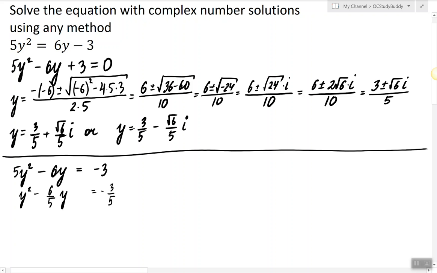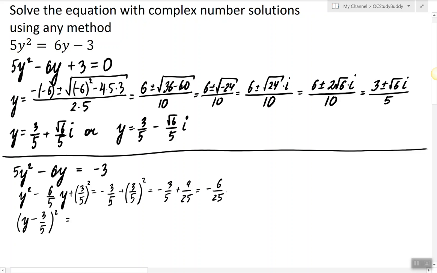And to complete the square, I have to add half of 6/5 squared, and I'm going to add it to both sides because we're solving the equation here. Now, the left-hand side becomes y minus 3/5 squared, and the right-hand side has to be simplified. So what do we have on the right-hand side? We have -3/5 plus 9/25, which is -15 over 25 plus 9, so it's -6 over 25.